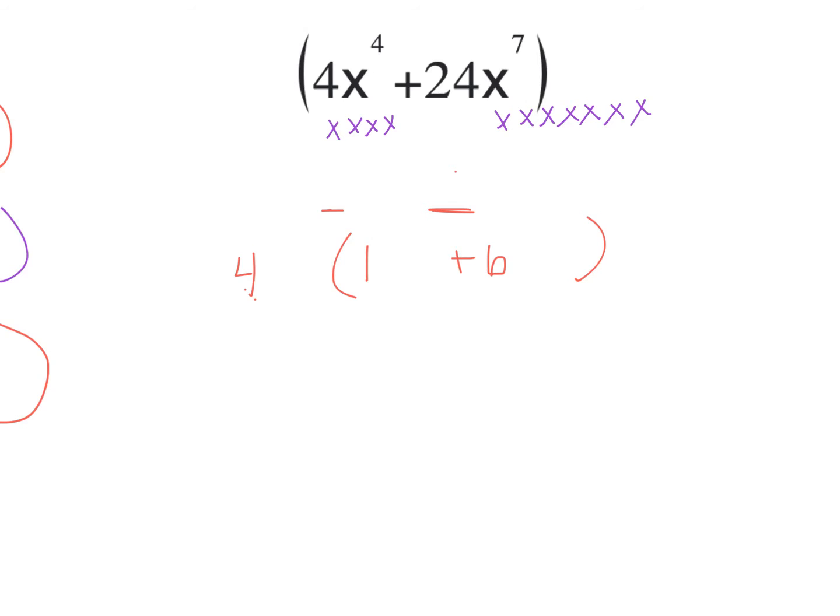So again, we look to see: 1, 1. So I can take 1x. 2 and 2, 2 x's. 3, 3 x's. 4, 4 x's. See how they share 4 x's all together. So I can take out x to the 4th power.